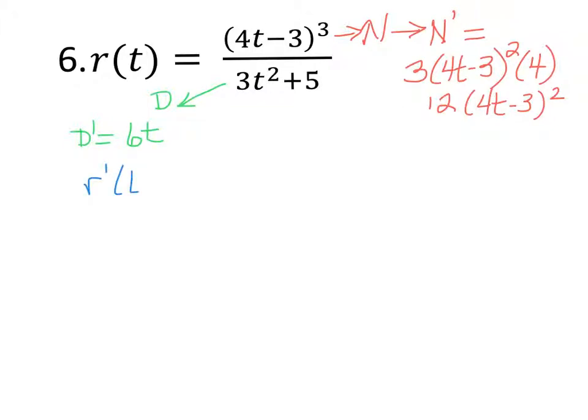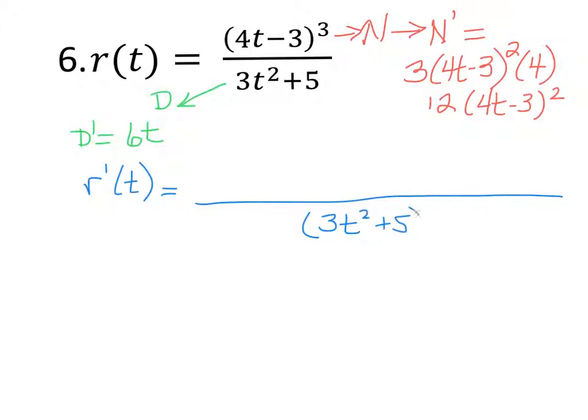R prime of t is equal to, and remember, you're always going to lead off with your denominator and then eventually square it, so 3t squared plus 5 is going to get squared and left in the denominator.